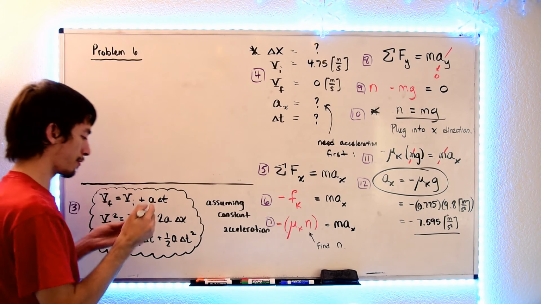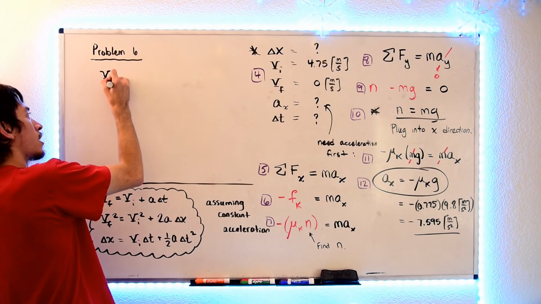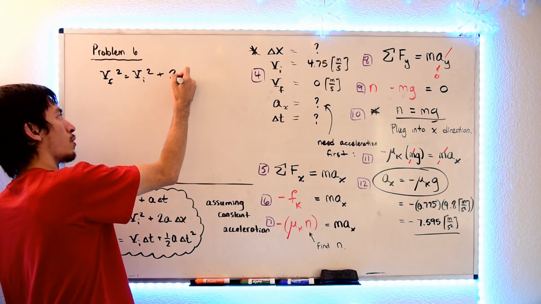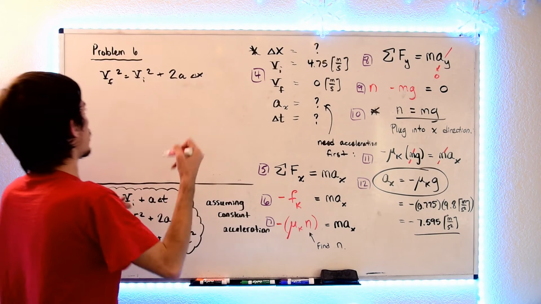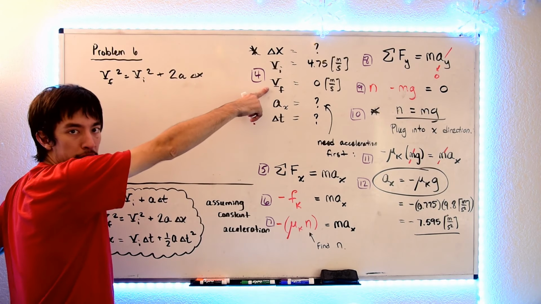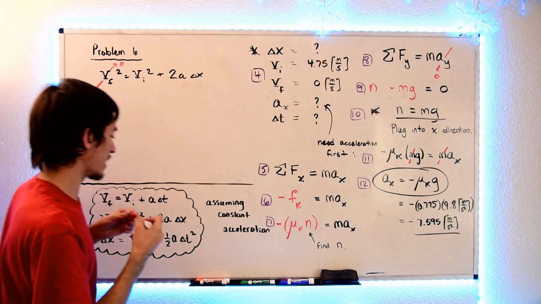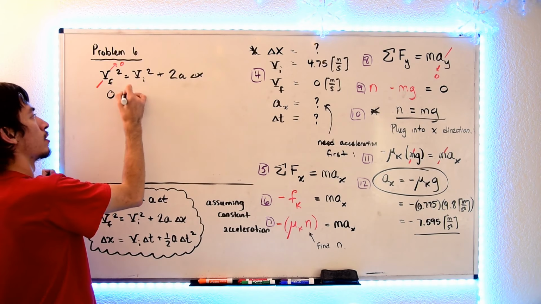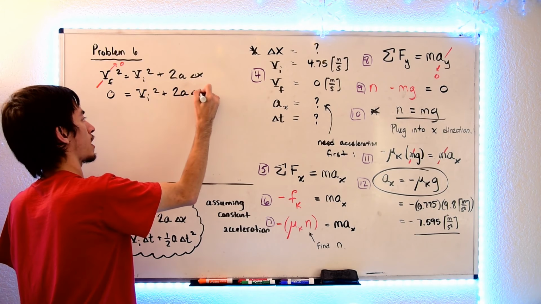V final squared, just copying it down, equals V initial squared plus 2a delta x. We know that the final velocity is 0, so we can just get rid of that immediately. So 0 equals V initial squared plus 2a delta x.